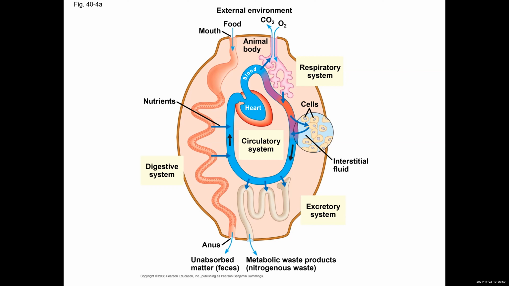The osmoregulatory part isn't shown here because it isn't principally concerned with moving things into and out of. It's concerned with managing homeostasis of water. All right, so things moving out of the digestive system are undigested, undigestible, and or unabsorbed matter, and we call that matter fecal matter or feces or poop.